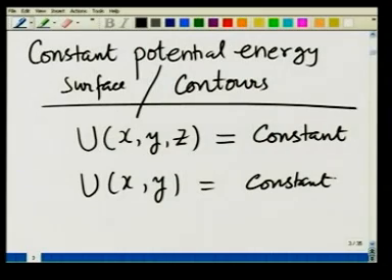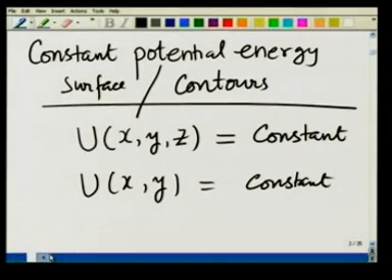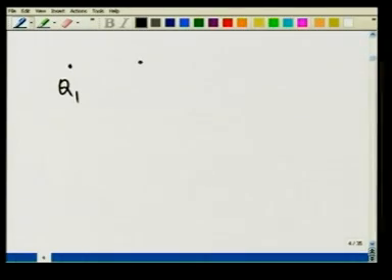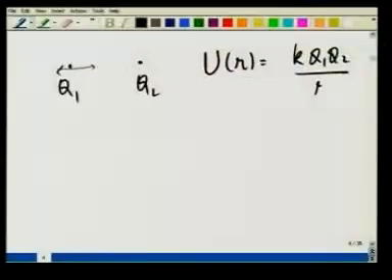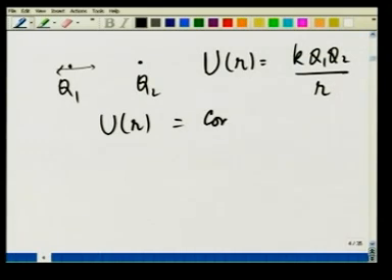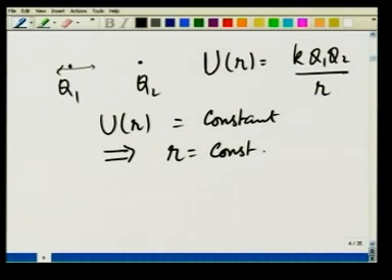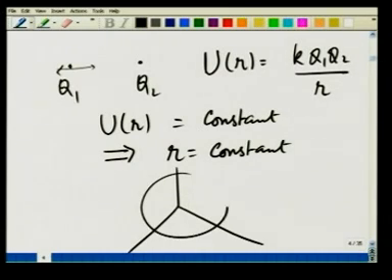For example, if I take the case of one charge q2 moving in the force field of this q1, then I know that the potential energy U at r is given as k q1 q2 over r, and U(r) equal to constant would imply that r is a constant, and therefore in this case the constant potential energy surface is going to be a sphere.